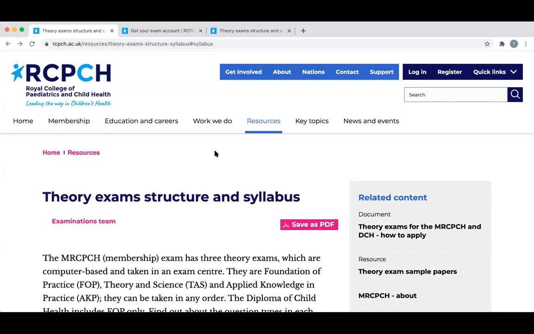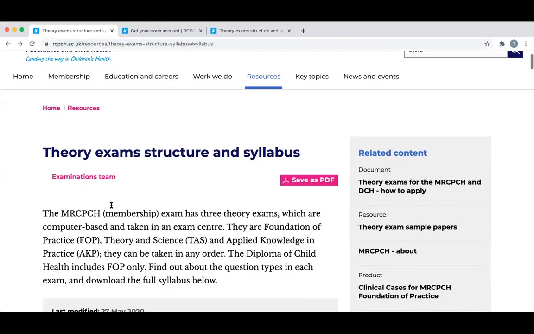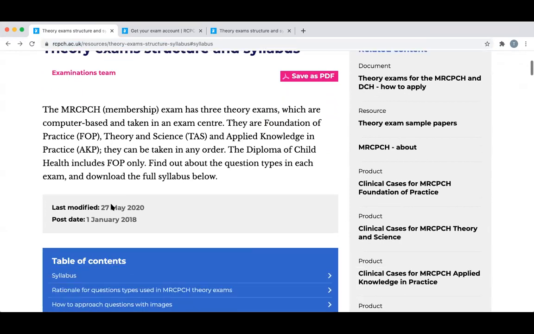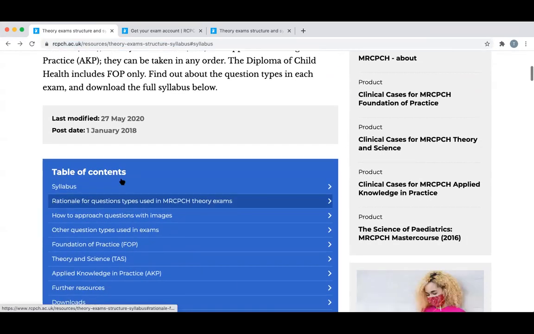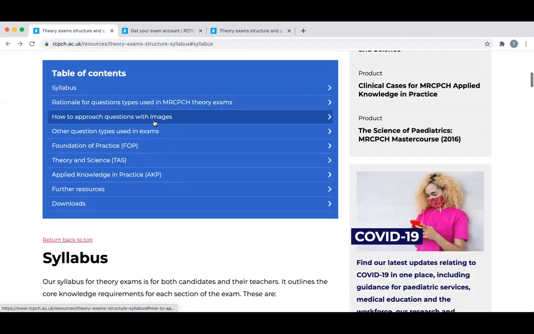And you can see the account, this is the RCPCH account, you can see this in your toolbar. So MRCPCH theory, structure, and syllabus. This is the last modified session, 27 May 2020. This is the last modified subject.